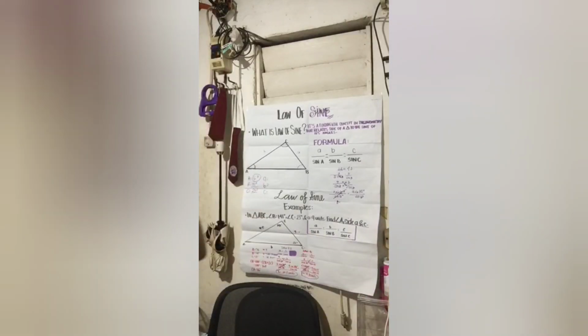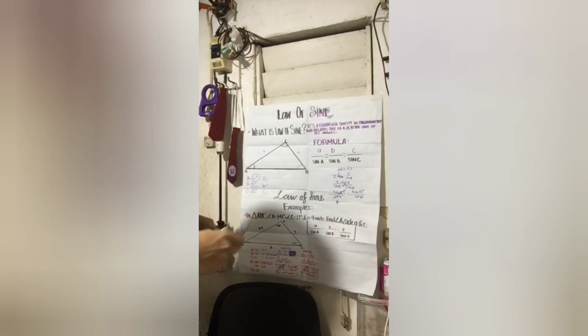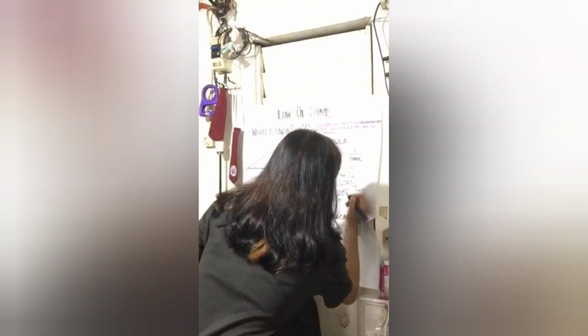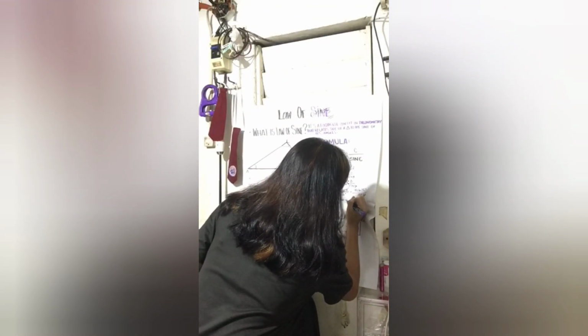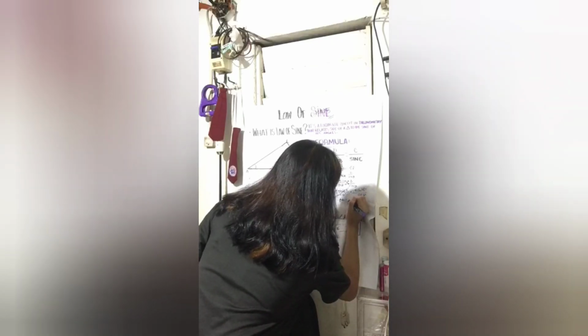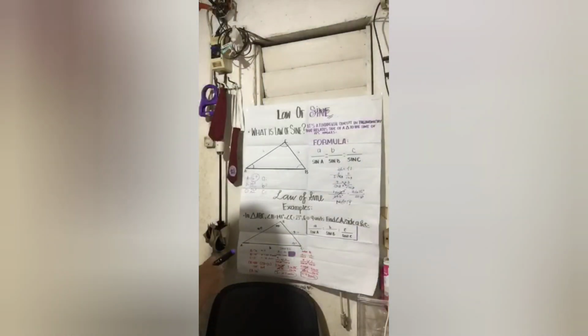The total is 20.54. This is approximate because it's not accurate, so let's draw the approximate sign. 20.54. So side B is approximately 20.5.